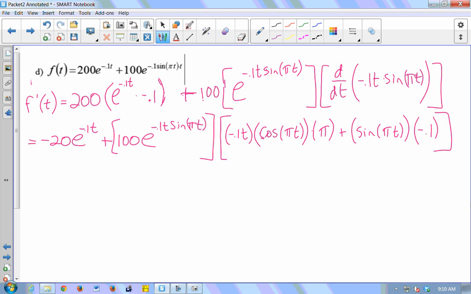All right, let's see. Can I simplify this? I think so. So this term is as simple as it's going to get. I have a factor of negative 0.1 in both of my terms here that I have with the product rule. So if I were to factor that negative 0.1 out from both of those terms, then I could multiply it by the 100 and get a negative 10.